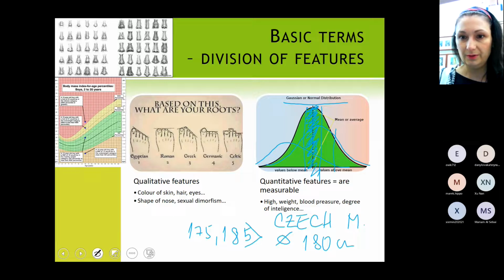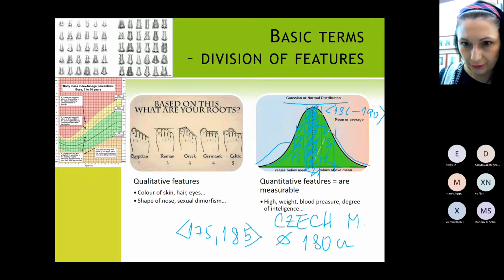This is the average of the population. Some little bit smaller part of the population will be a little bit taller, so they will be between 186 and 190, for example.